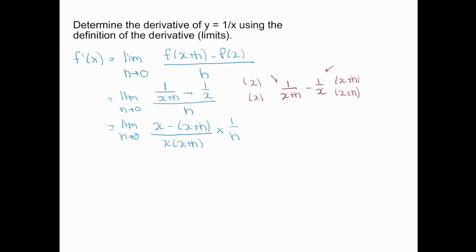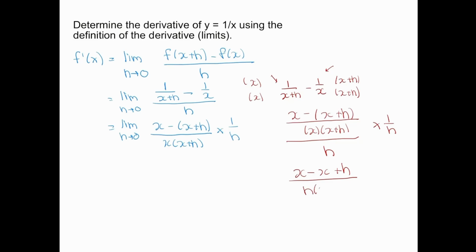When the dust settles, we have x minus x plus h over x times x plus h, all over h. Now, I want to get rid of that h on the bottom, so I'm going to multiply by 1 over h. That leaves me with x minus x plus h all over h times x plus h.